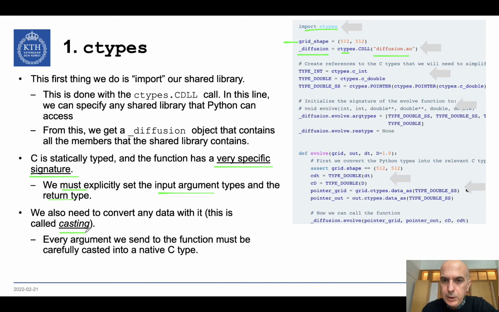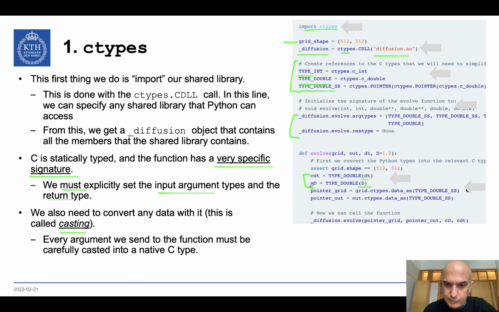type. Here we just create some reference to the C types, just to be more concise: type int, type double, and these are C types. Then we define the signature, and here we are actually doing the casting to C type.